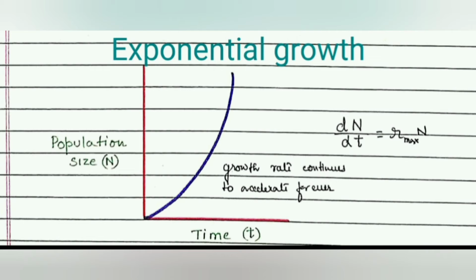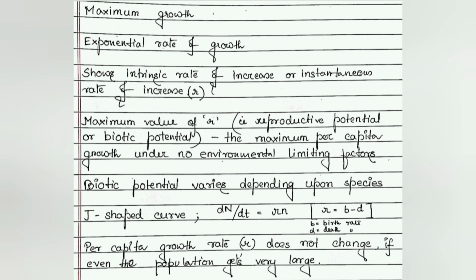Now we'll study a few characteristic features of this type of growth. Growth is maximum here, that is exponential rate of growth is observed. It shows intrinsic rate of increase or instantaneous rate of increase. Okay, maximum value of r is seen here. It is also called the reproductive potential or biotic potential.